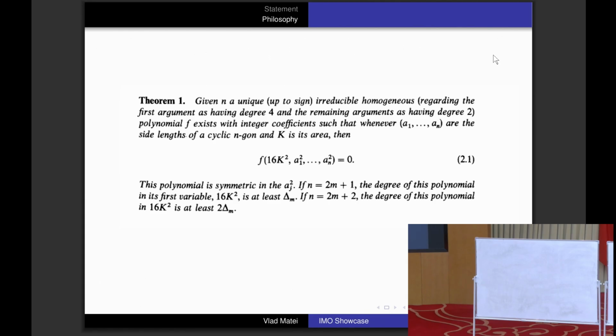So let me find the pen. Let's start thinking about it in a different way. Let's think about the problem the way you would think about it during a contest, not like a research problem.